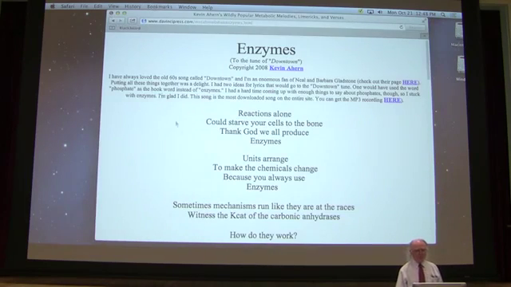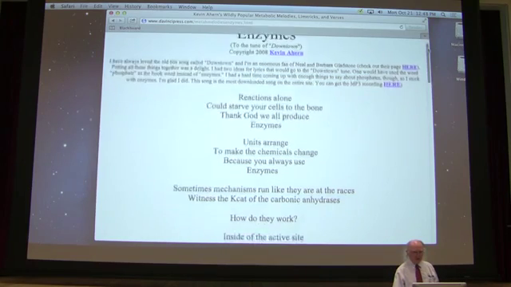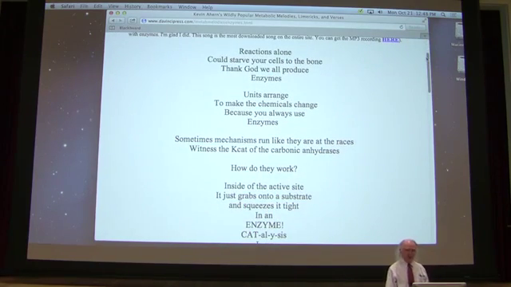It's called Enzymes. To the tune of an old 60s song called Downtown, it goes: Reactions alone could starve your cells to the bone. Thank God we all produce enzymes, units arranged to make the chemicals change, because you always use enzymes. Sometimes mechanisms run like they are at the races.